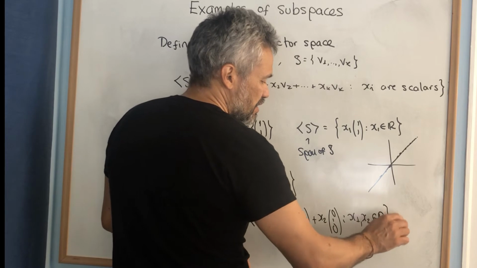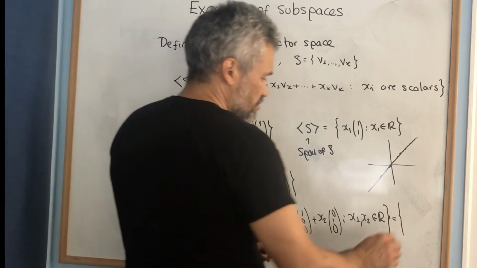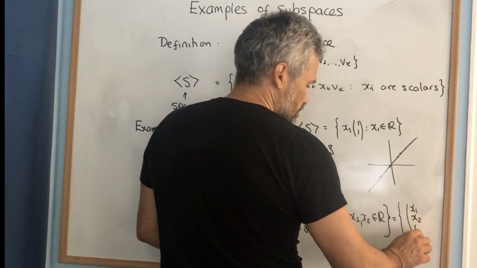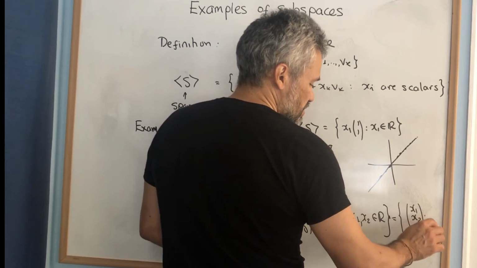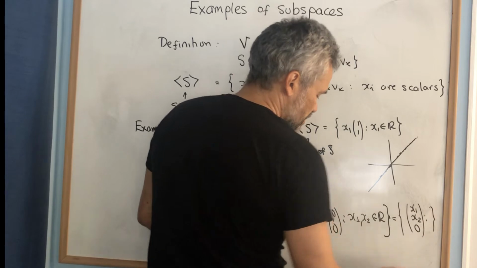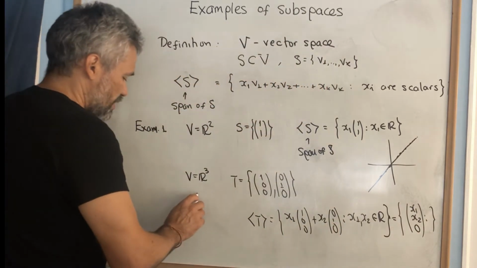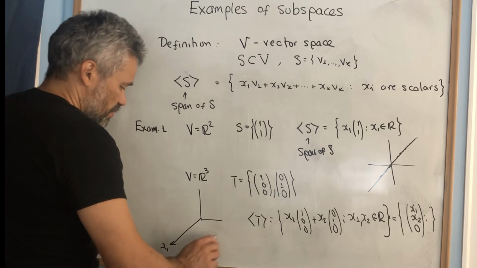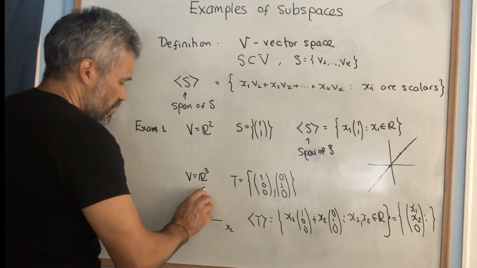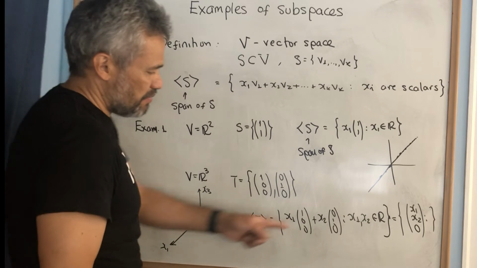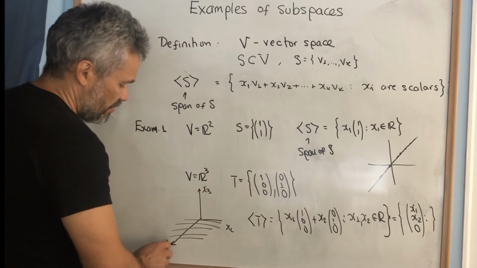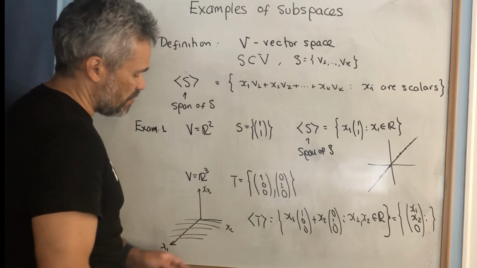Essentially, these are the vectors of the form (x1, x2, 0). We can see this geometrically. If this is x1, x2, and x3, that means the third component is 0, so we're working in the xy plane, or the x1, x2 plane.